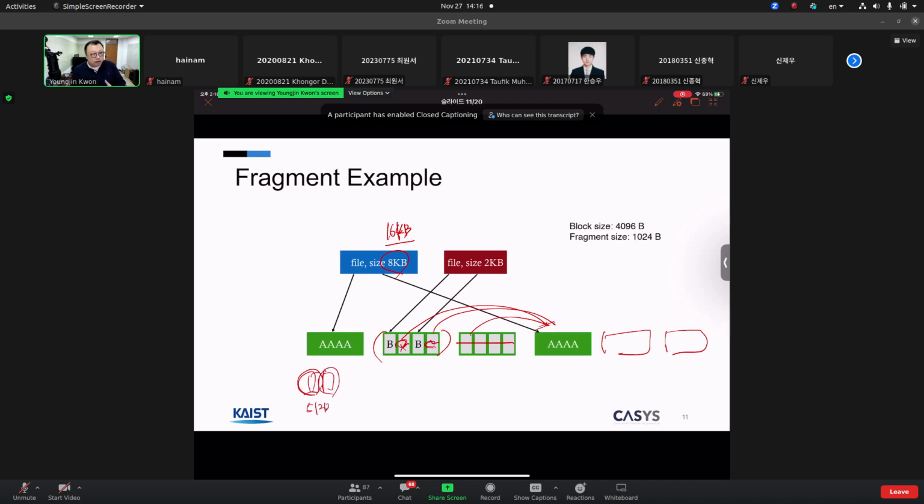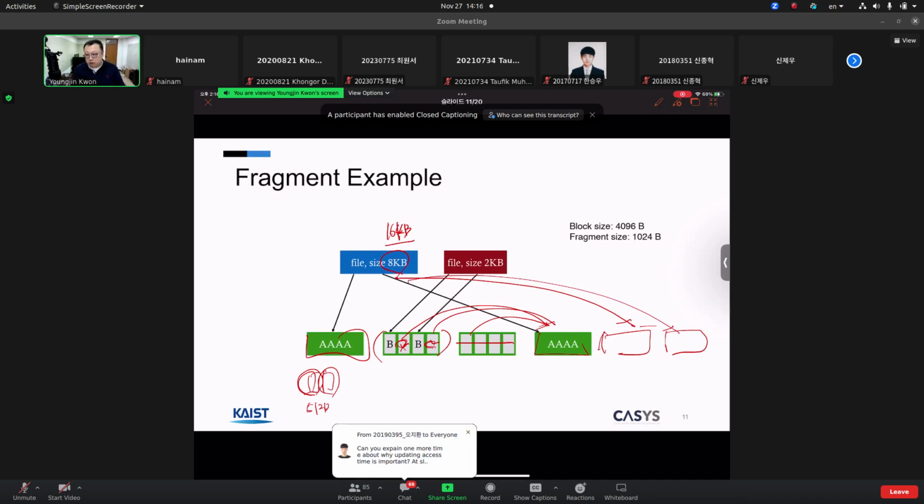It's a similar effect to using extents. Using large blocks for large files, you can locate these large blocks with a few indexes, providing much better performance than using a small block size.